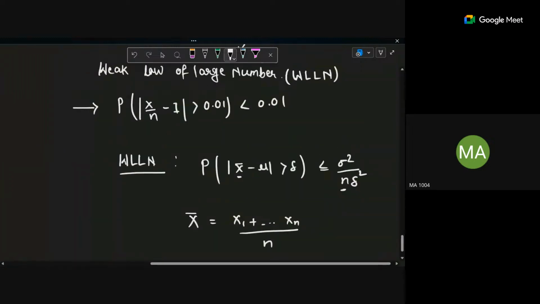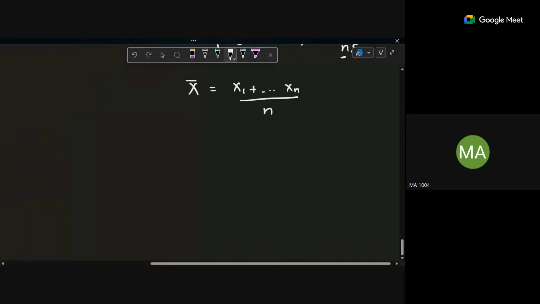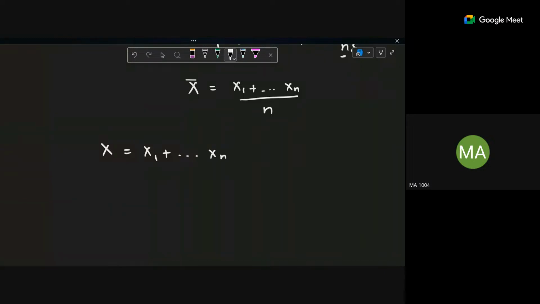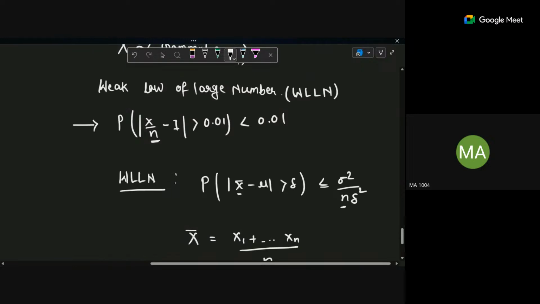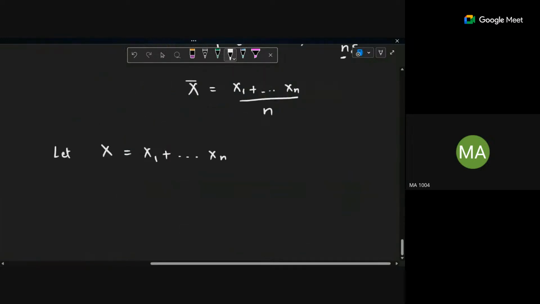So now from here you can take the hint that there are n random variables x1 to xn. So this capital X is nothing but the sum of x1 to xn. Fine. If I write it like this, is it fine for you? Yes, ma'am. Using this expression, we are taking capital X as a sum of n random variables.